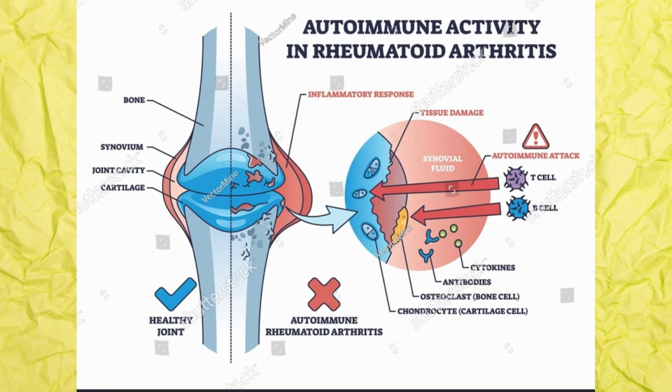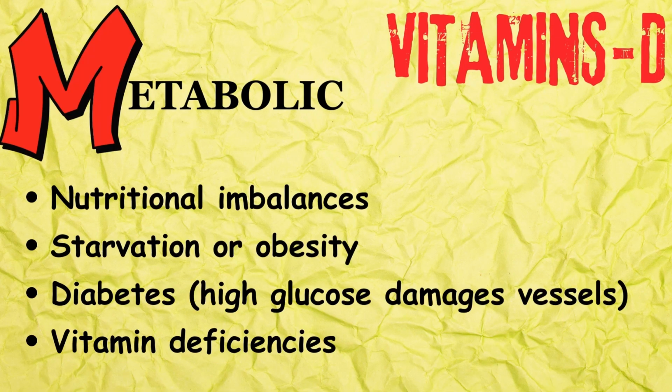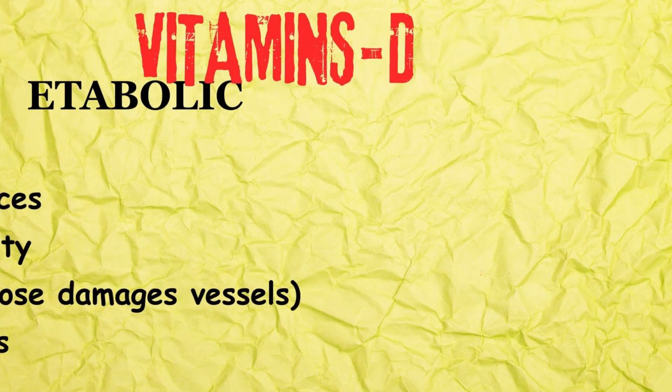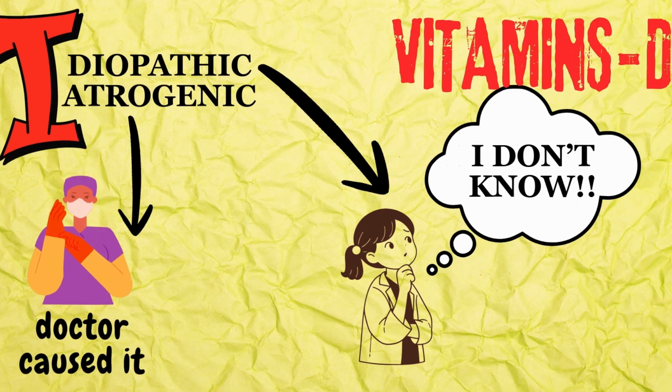Think rheumatoid arthritis or lupus. Metabolic, nutritional imbalances, starvation or obesity, diabetes, high glucose damages vessels, and vitamin deficiencies. Idiopathic or iatrogenic, we don't know the cause or the doctor caused it.